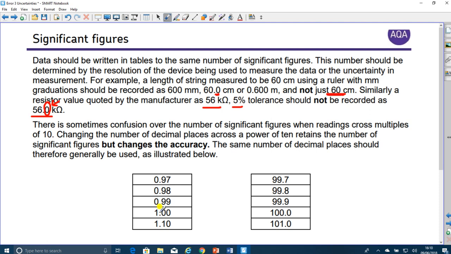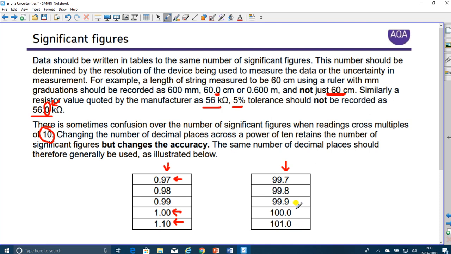Okay, so here we've got 2 decimal places in a table, and here we've got 1 decimal place in the table. Here we've got 2 significant figures, and then suddenly it's changing here, okay, and here. But that's okay because we're using 2 decimal places, so keep it the same even though we've crossed a multiple of 10.